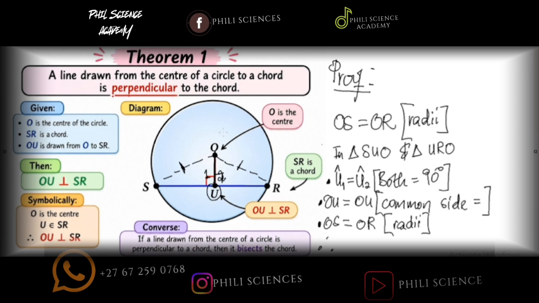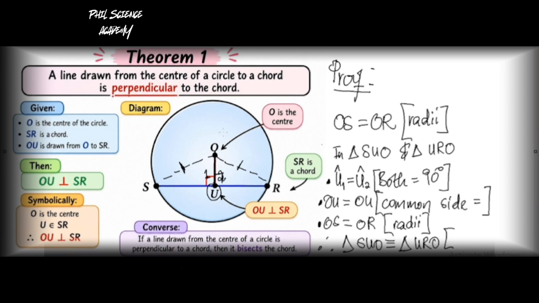Our reason here is a right angle, the hypotenuse, which is our radius, and the common side: RHS. RHS will be our reason here.